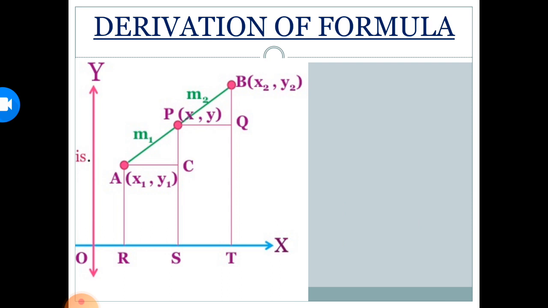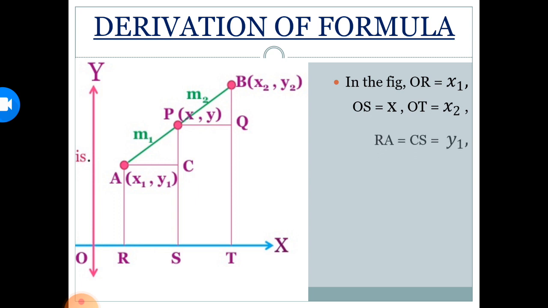Then I have drawn AR, PS, BT perpendicular to the x-axis and AC and PQ parallel to the x-axis. Now if we closely look at this diagram, we can see that the distance OR is equal to x1, OS equal to x, OT equal to x2, RA equal to CS equal to y1, TQ is equal to SP equal to y, then TB equal to y2.